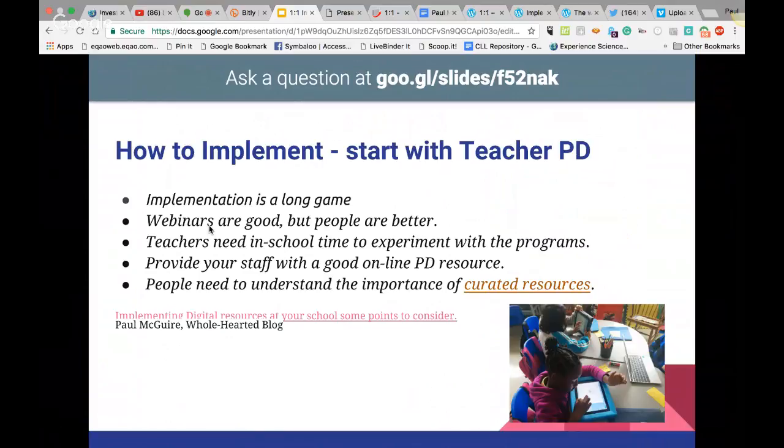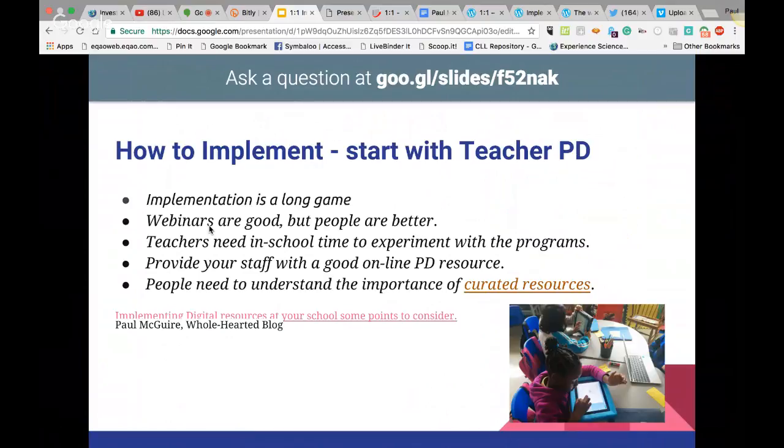One other thing that's really important is that people need to understand the importance of curated resources. By that, I mean, for example, if you want to find information on volcanoes for a grade 3 science class, yes, you can just go on Google and type in the word volcanoes, and you will get some information for sure.